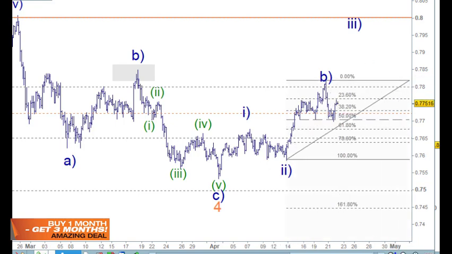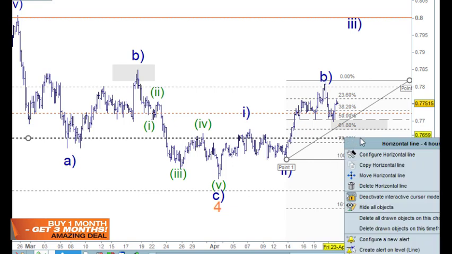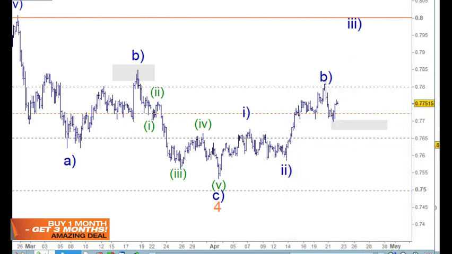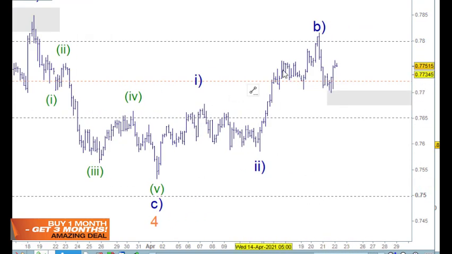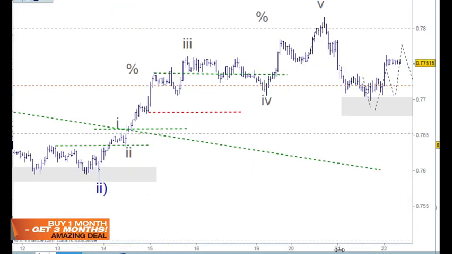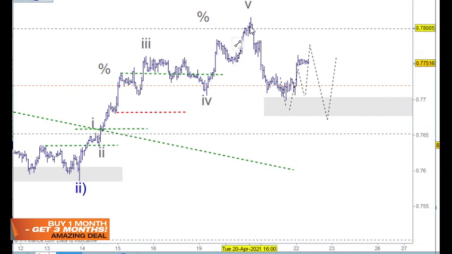This is the 61.8% here that we need to accommodate for the time being. It does appear that there's 5 waves in here, so we'll probably get something like this here for that. I'll just go to the hourly chart. Yeah, see, it looks like there's wave 1 and 2 in here, and 3 and 4 and 5.